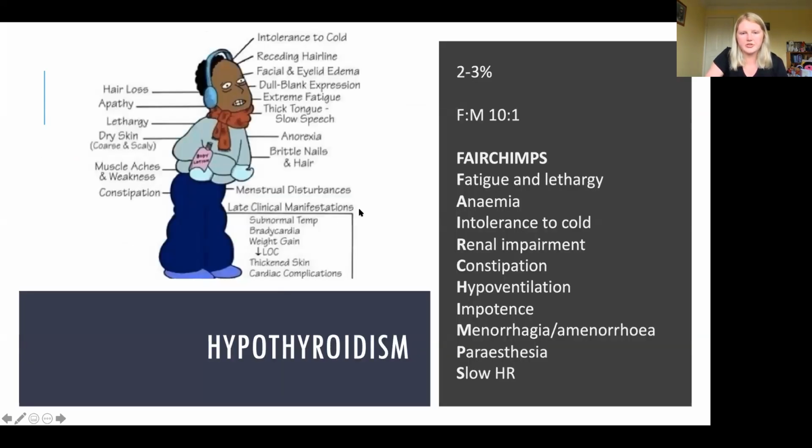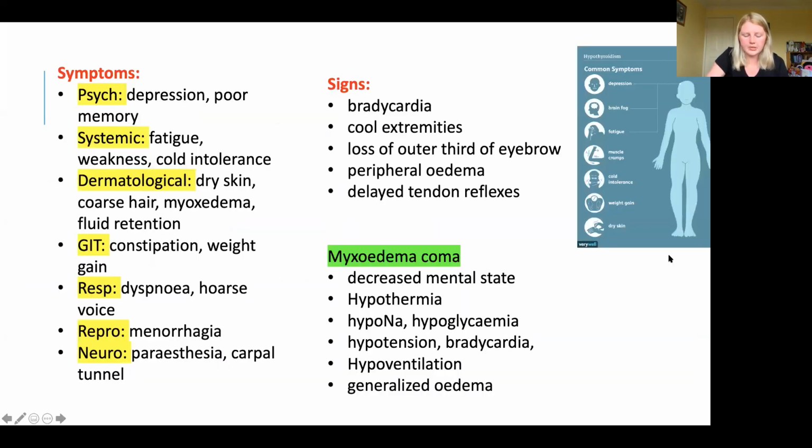Moving on to hypothyroidism, it's essentially the opposite in terms of symptoms. And again, I've put some ways that you can remember the symptoms. But again, thinking through it in terms of an examination always helps as well. So quite simply, their symptoms are quite the opposite to the symptoms of hyperthyroidism.